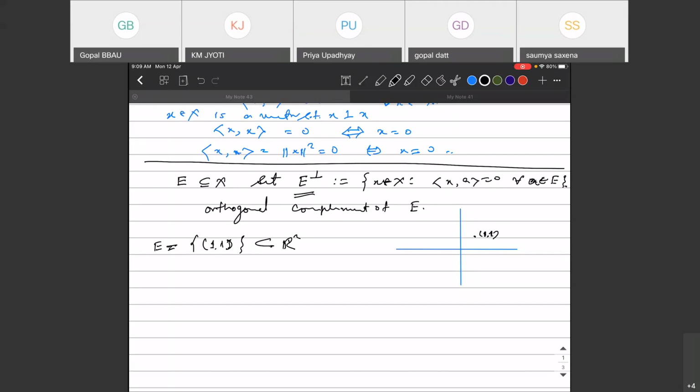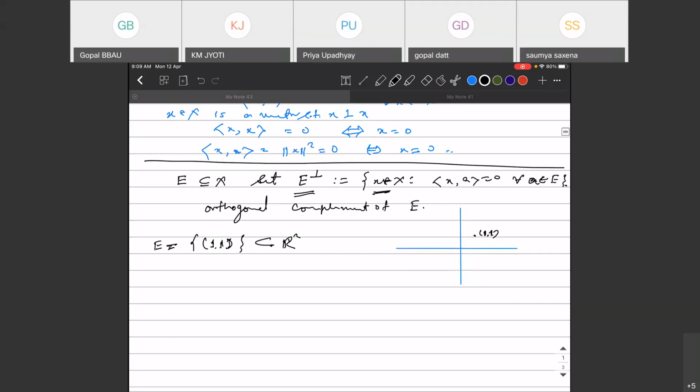So 0 is one element, but here it is saying all those x in X which are perpendicular to this. We want elements of R2 which are perpendicular to (1, 1). Let's first see what (1, 1) looks like. It is nothing but this vector.